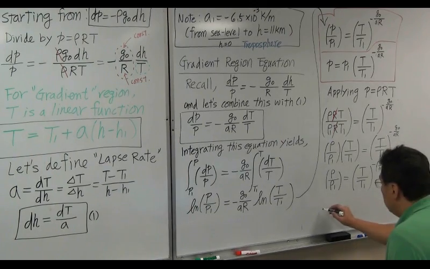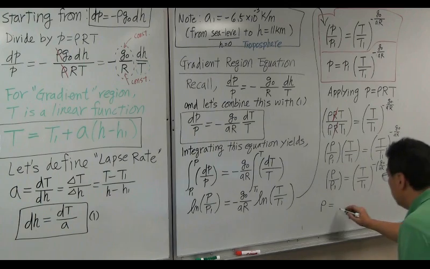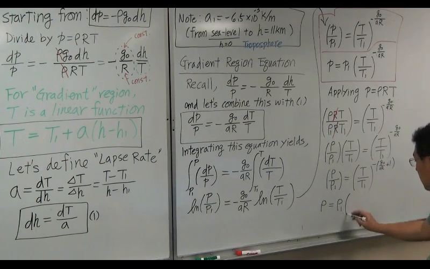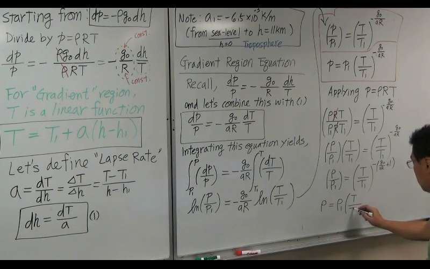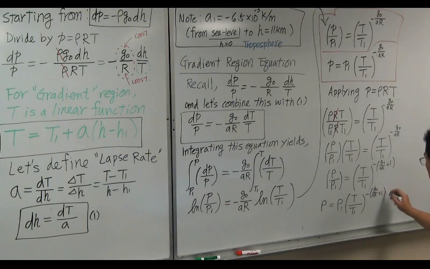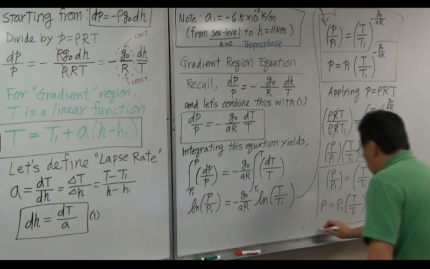So this concludes that density at the given altitude h can be given by density at the base altitude h1, which is a known value, multiplied by the ratio of temperature to the power of G0 over aR plus 1. Okay? So this concludes the equation of the gradient region, which is a fairly simple deal.